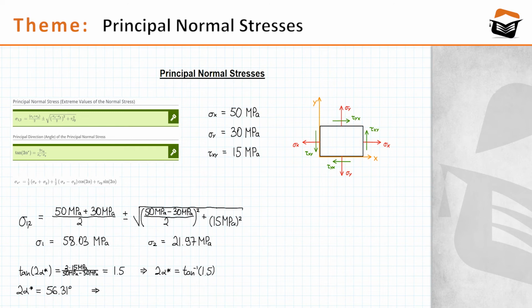And to get alpha star standalone from this angle, you just need to divide this angle by 2, which gives us alpha star is equal to 28.16 degrees.